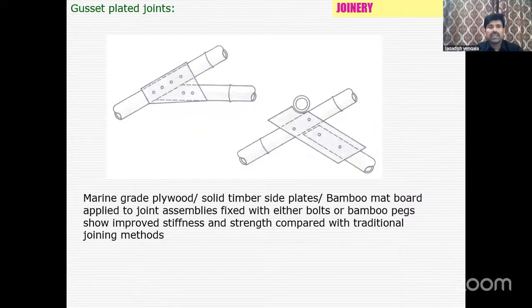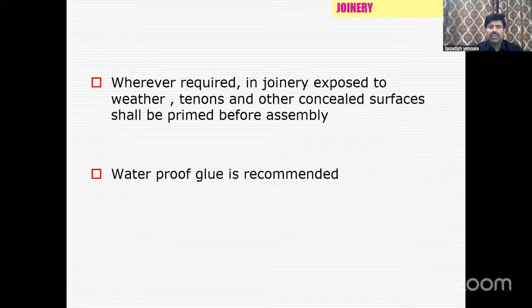As I mentioned, gusset plates can be made using marine grade plywood, timber side plates, or bamboo mat plates. Wherever required, for joinery exposed to weather, you have to conceal the surfaces and prime them before assembly.